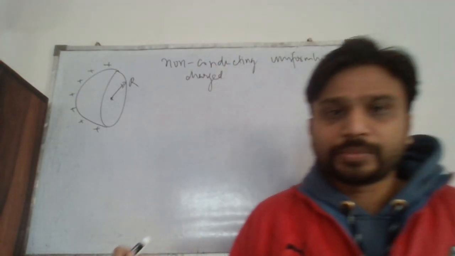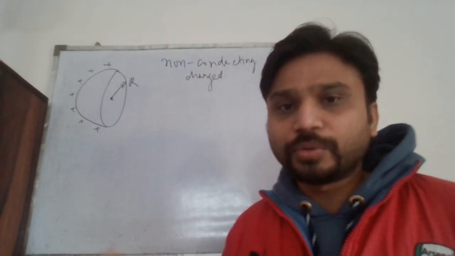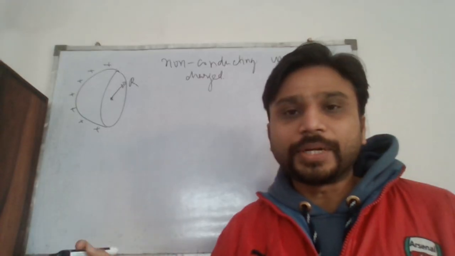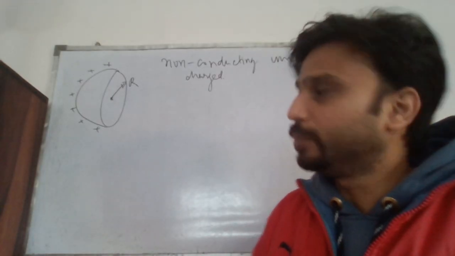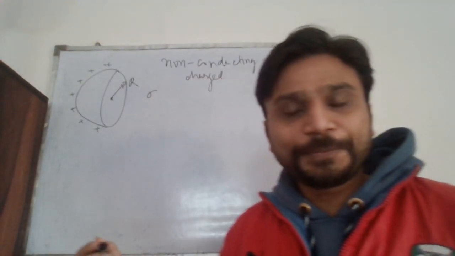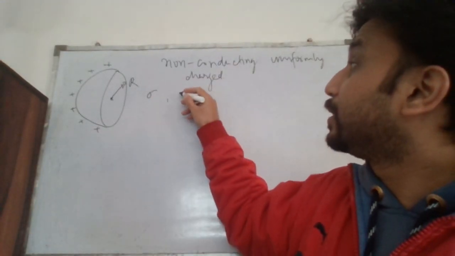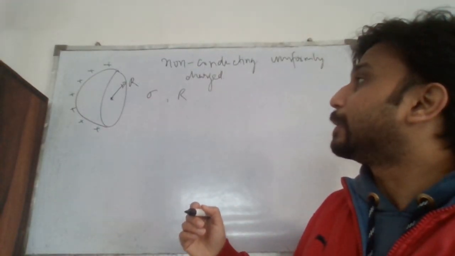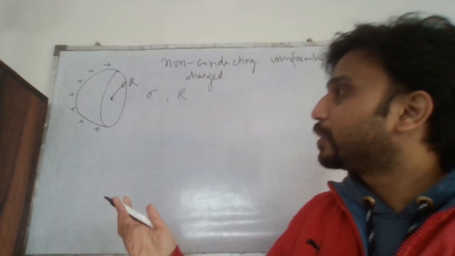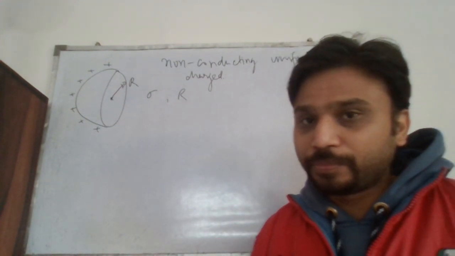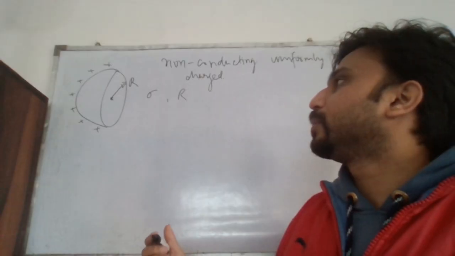So let us move on to the next step. After having formulated what is given in the question, that is, we know the charge density, we know the radius of the sphere, and we know the law which we need to apply, Coulomb's law.